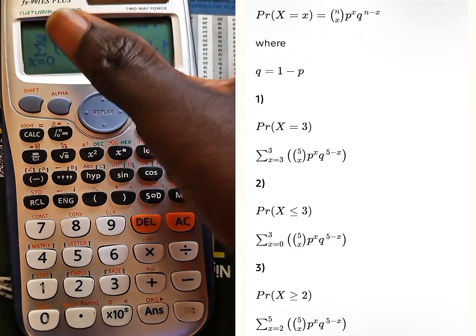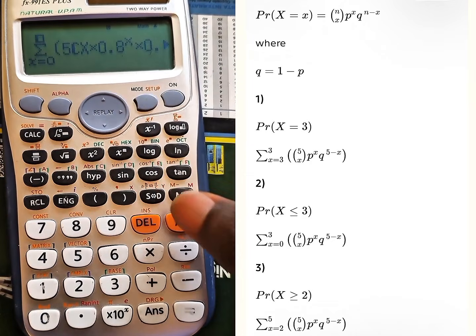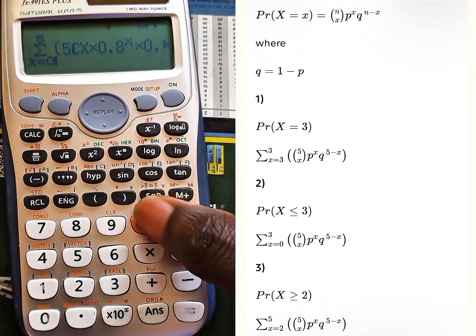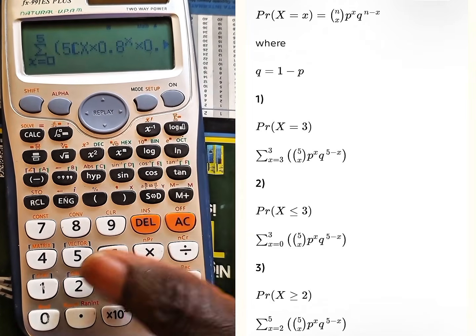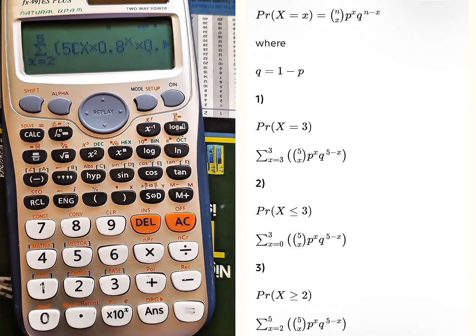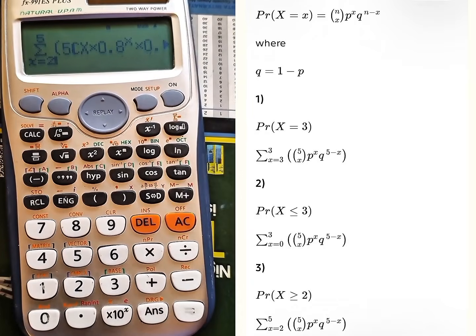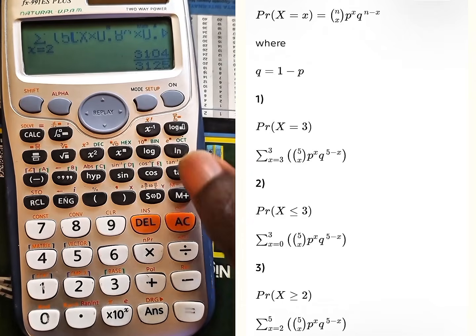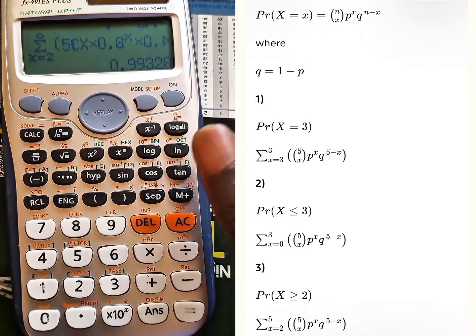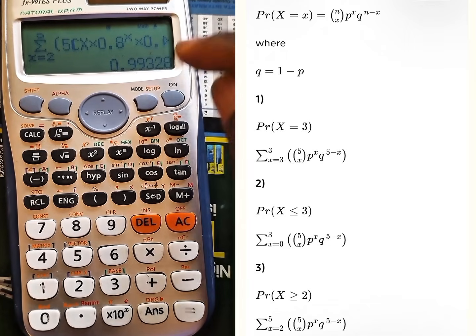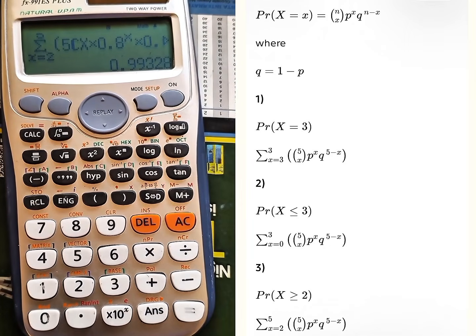In place of 3 here, we put 5, and in place of 0 here, we put 2. That is just what you have to change. Then we press equals. Our answer is 0.99328, which if you approximate, is 0.9933.